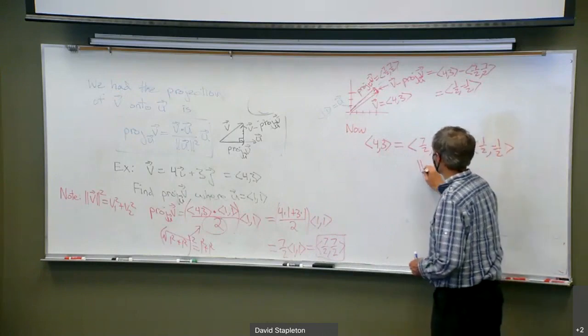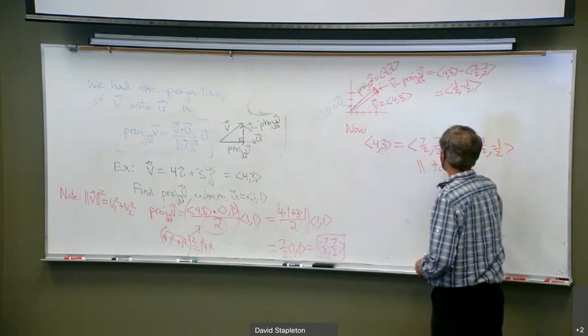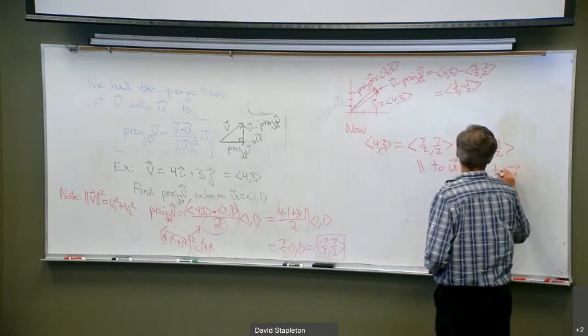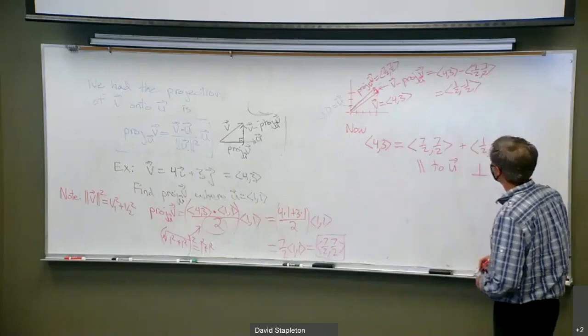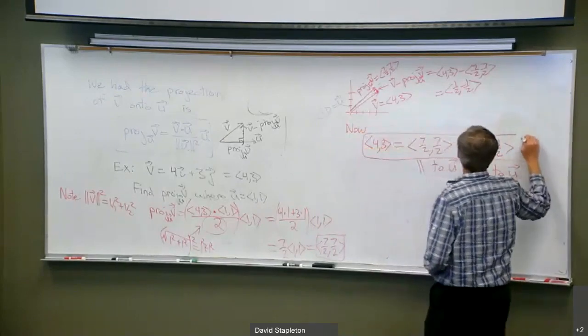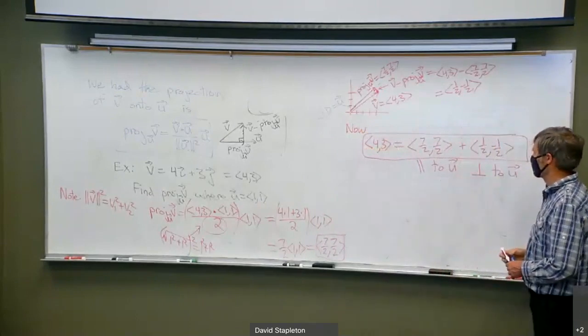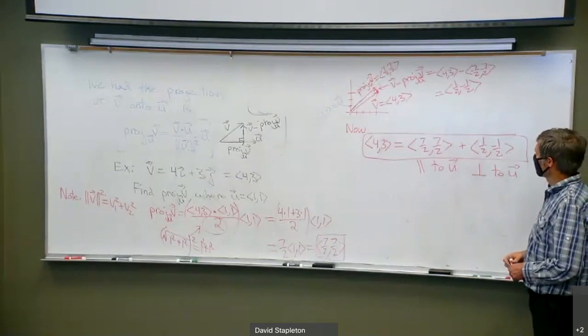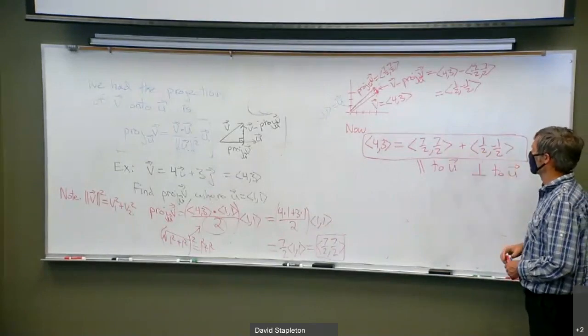So this is parallel to vector U. This one will be perpendicular to vector U. And you can do that with any two vectors, as long as the one you're projecting onto isn't the zero vector. You can break it up into a parallel and perpendicular component like that.